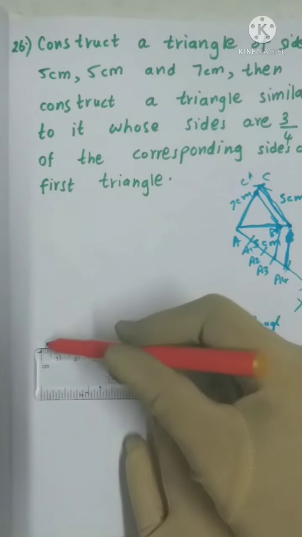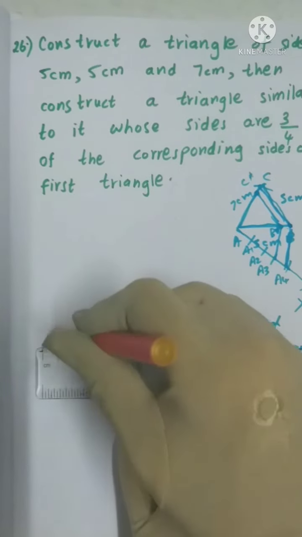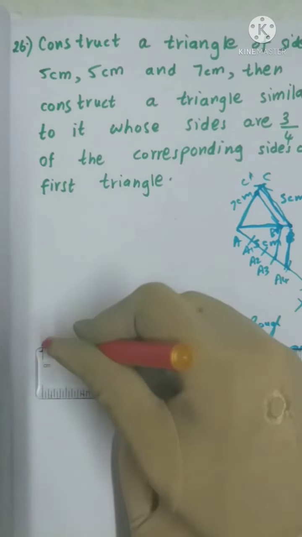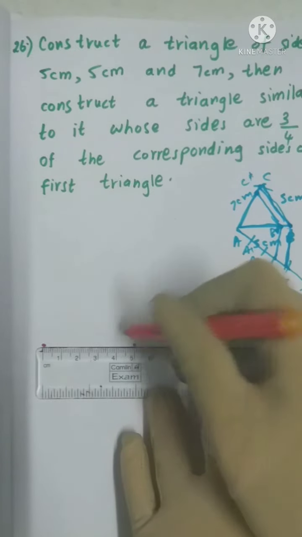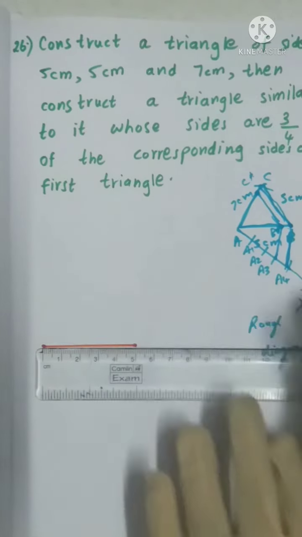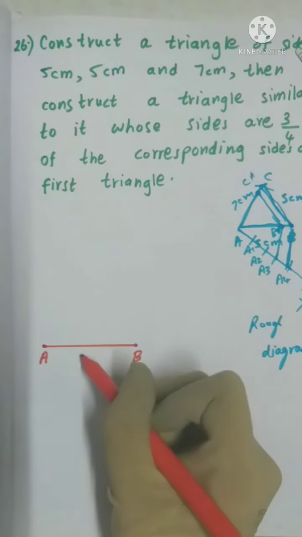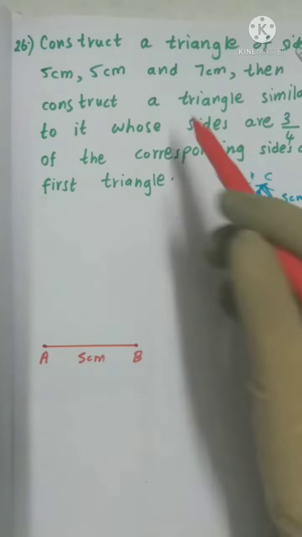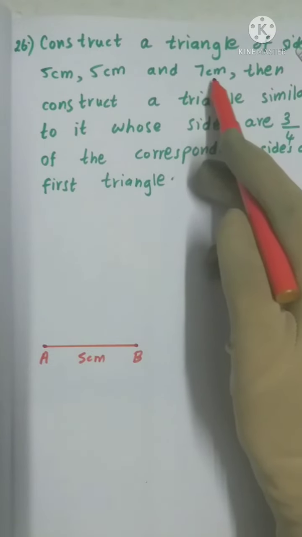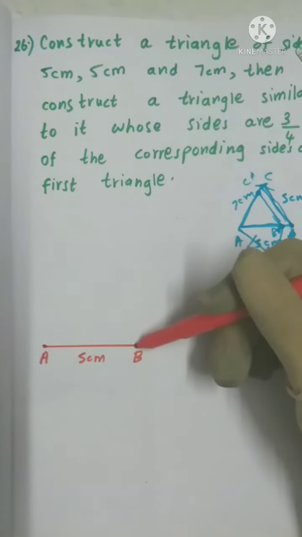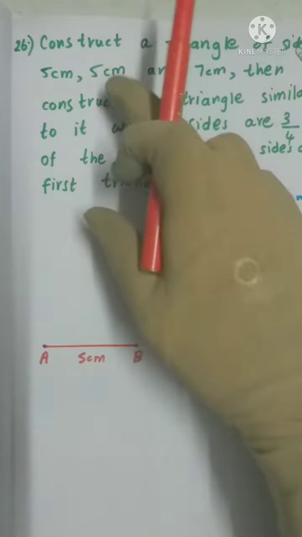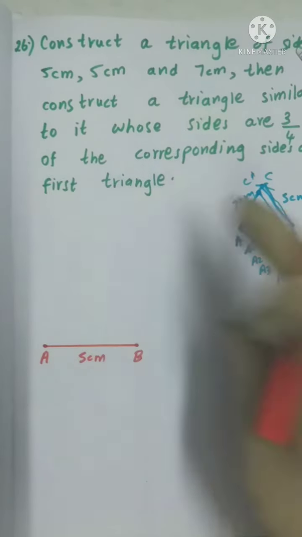So constructing a triangle with sides, first 5 cm. This is 5 cm, right? Let us suppose it is AB, which is equal to 5 cm. Now here BC is 5 and CA is 7. So from the compass, take 5 cm from B and draw an arc.